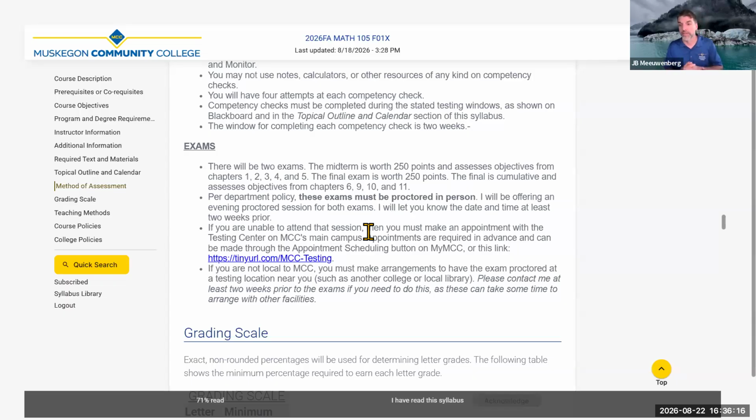I've given them all over the country, and I have to know that ahead of time so I can send that institution the test. So there's a little bit of coordination that occurs. I've sent them to Texas, to Seattle, to Detroit, to all over. So you need to just let me know, hey, I don't live around Muskegon, and I'm going to have to take that exam in person at some other location.